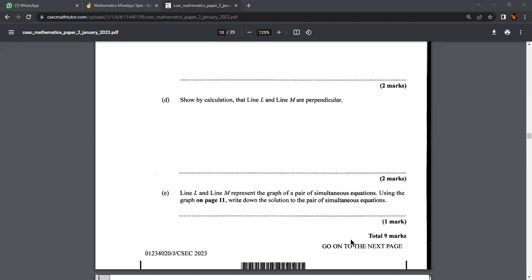All right, so last one from this question, 1 mark. They said line L and line M represent the graph of a pair of simultaneous equations. Using the graph on page 11, write down the solutions to the pair of simultaneous equations.